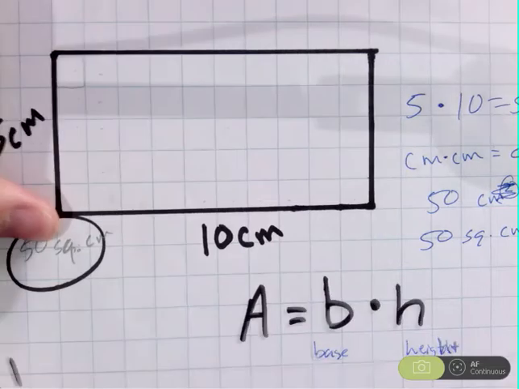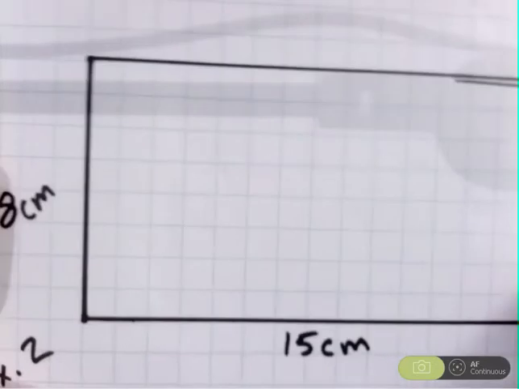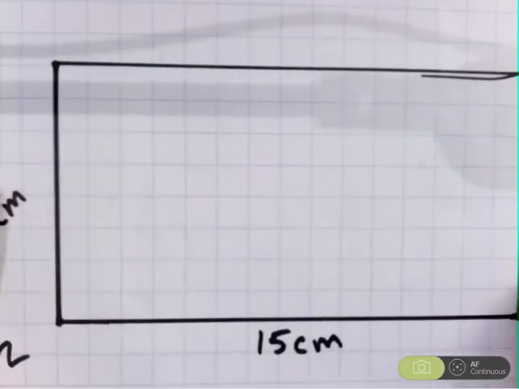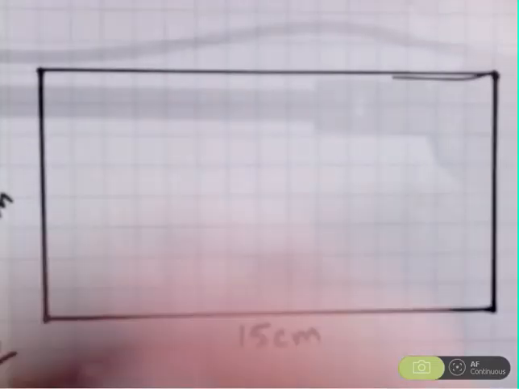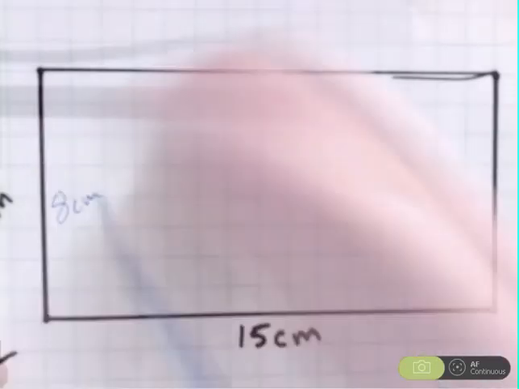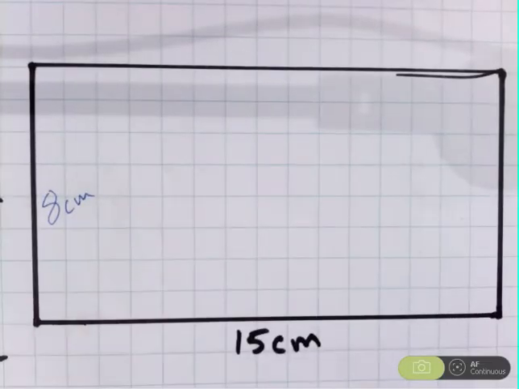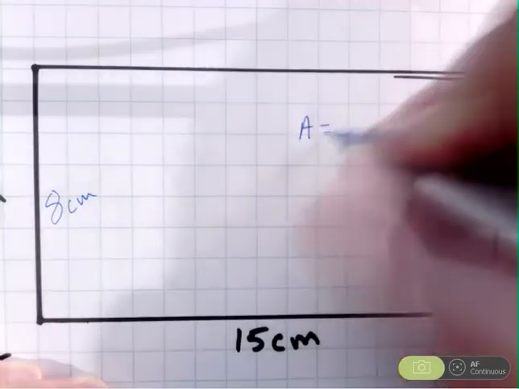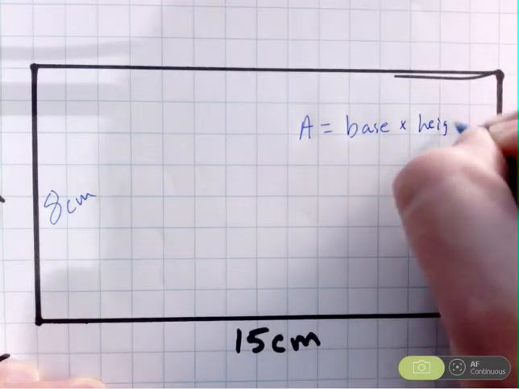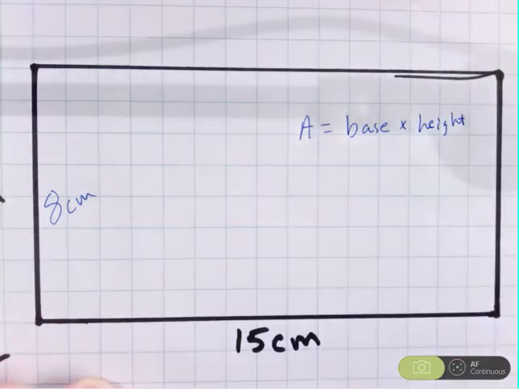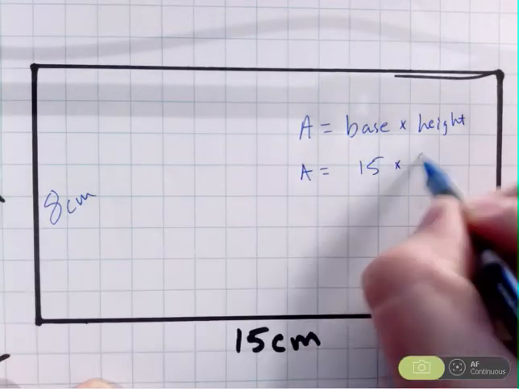So that means, if I go to example 2 here, I've got 8 centimeters by 15 centimeters. If you multiply 8 times 15, so if we did area equals base times height, we're going to get area equals 15 multiplied by 8.